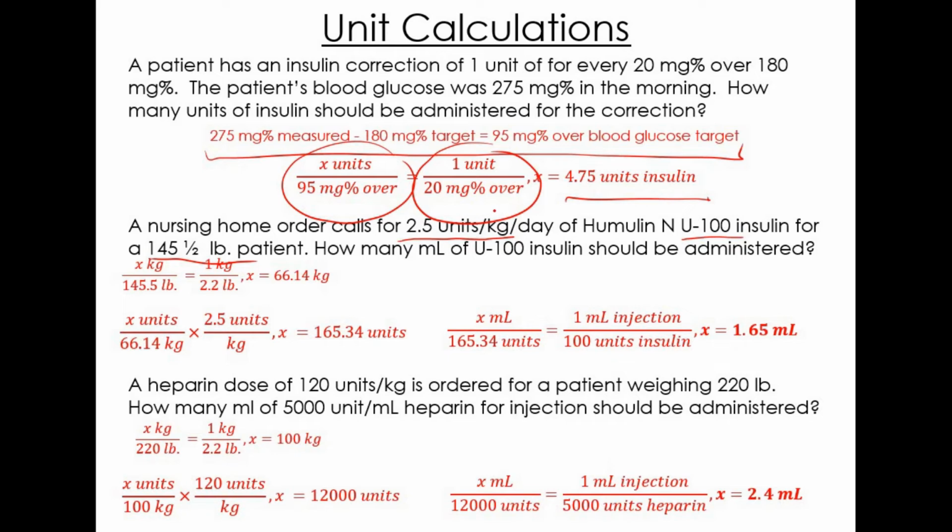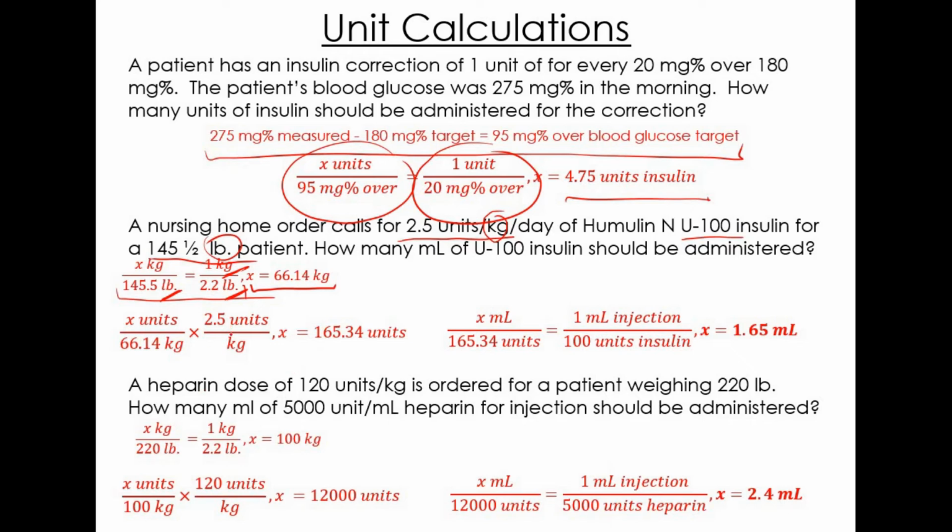Well, first of all, we see the weight-based dosing is in kilograms and the patient weight is in pounds. And so we can set up a proportion like this, in which we know from our conversion factors table that there's 2.2 pounds per kilogram. The patient weighs 145.5 pounds. And so the X number of kilograms is 66.14.